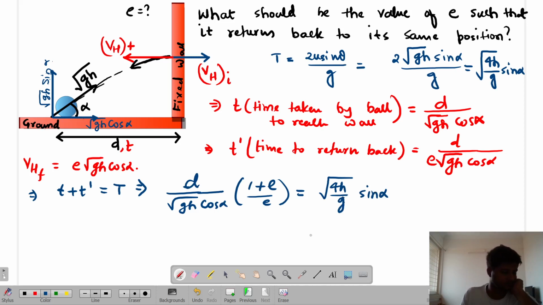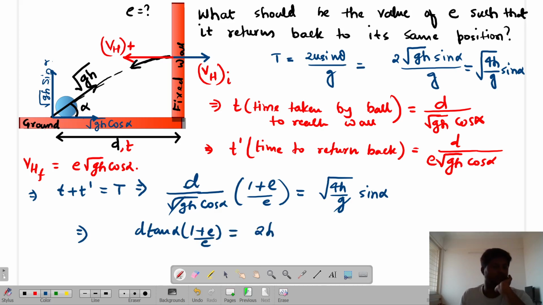Is that clear? यही आएगा ना? ध्यान से देखो ये क्या क्या कैंसिल हो जाएगा, root under g cancels, isn't it? h is the same under the root. Okay, so it will be d tan alpha, 1 plus e divided by e, is equal to twice h. Is that clear?